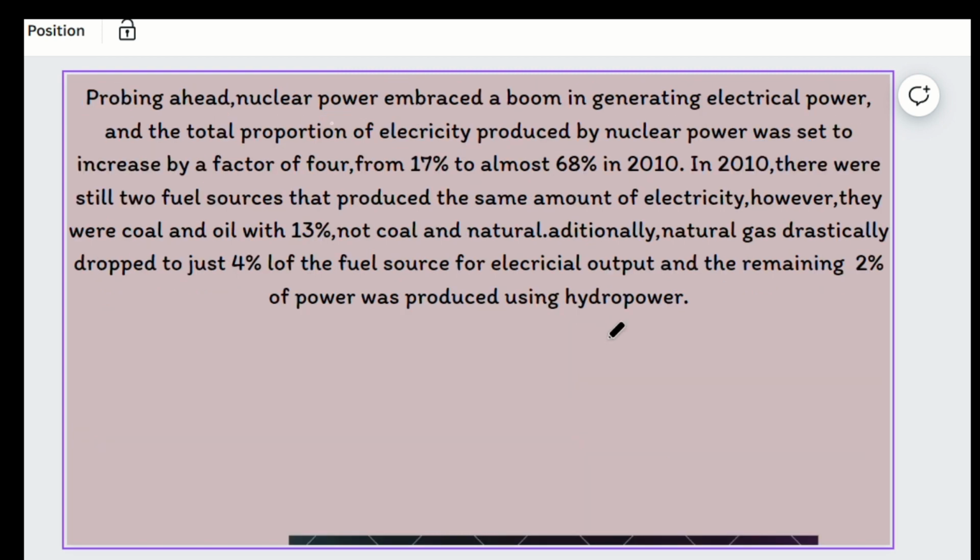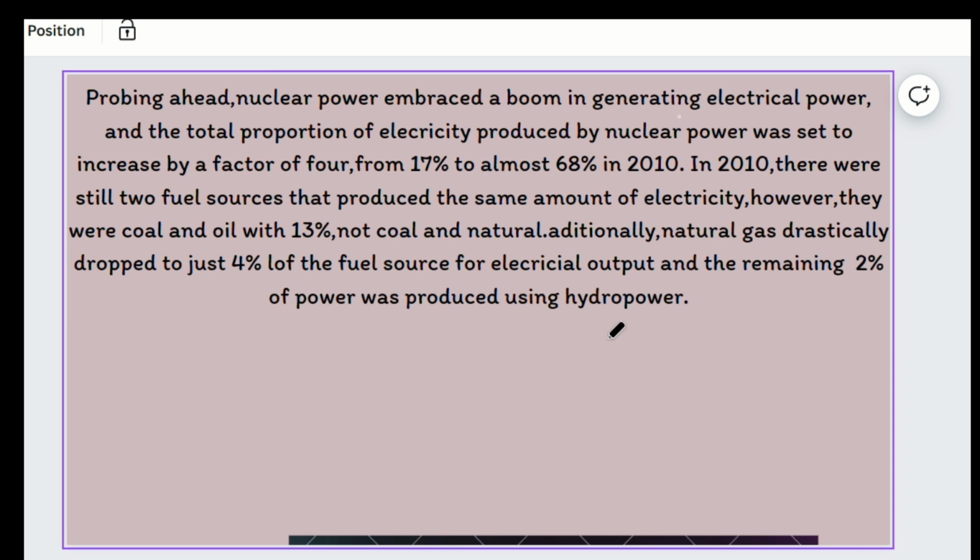Probing ahead. Probing ahead means moving ahead. Nuclear power embraced a boom in generating electrical power. If you want to score more bands, you have to use rich vocabulary, and you have to make comparisons.